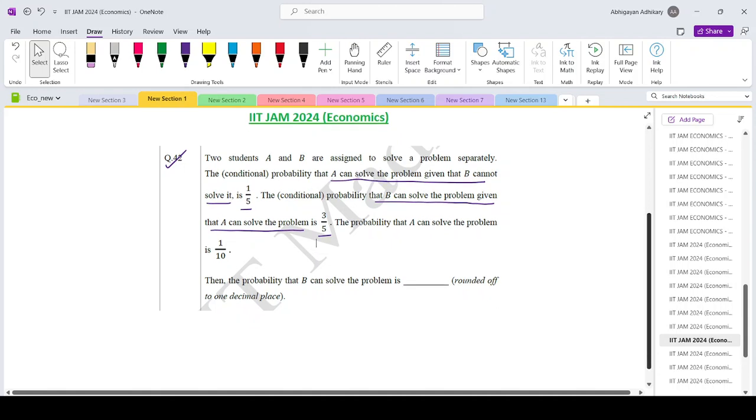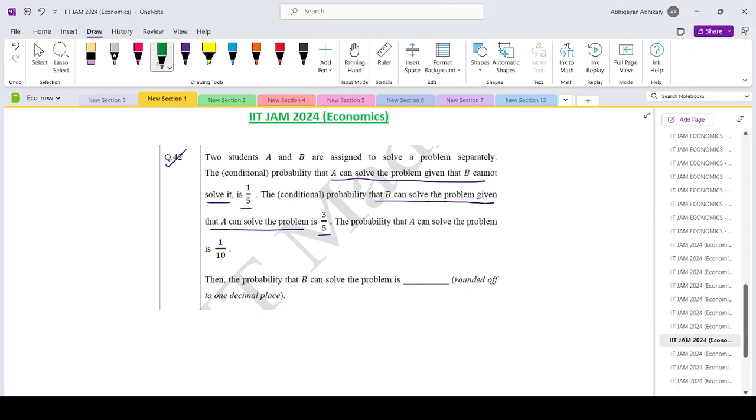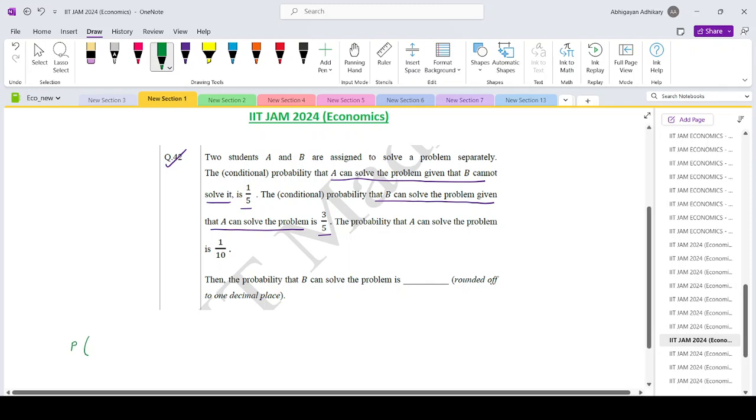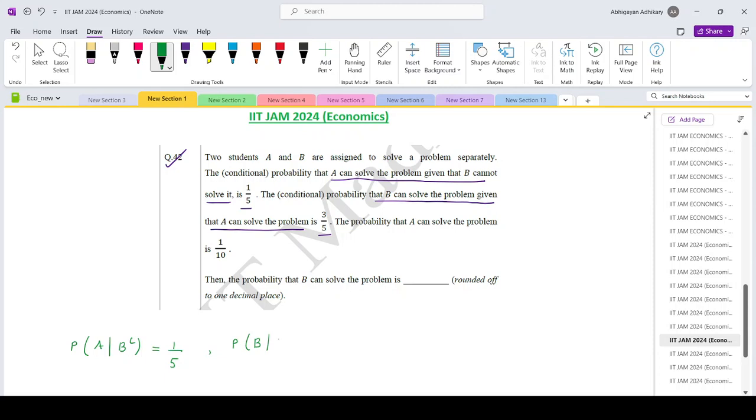So that means the conditional probability, so the first information is the probability that A can solve the problem given B cannot, so that is B complement, that is 1 by 5. Okay, the probability that B can solve the problem given A can is 3 by 5, and the probability that A can solve the problem is 1 upon 10.